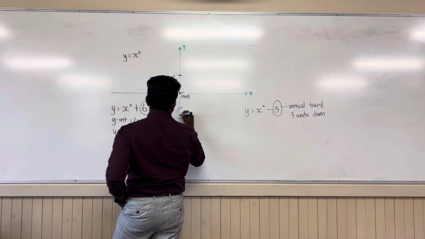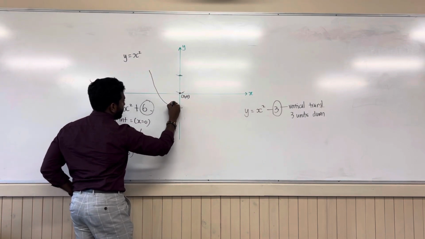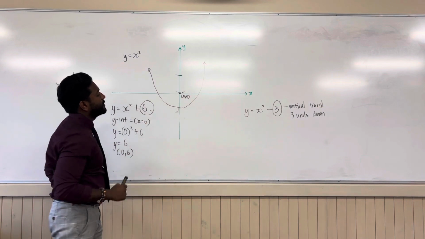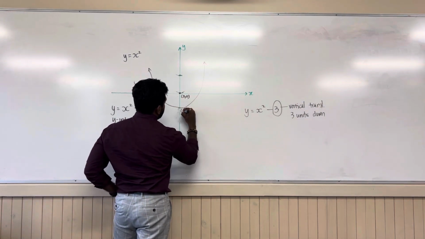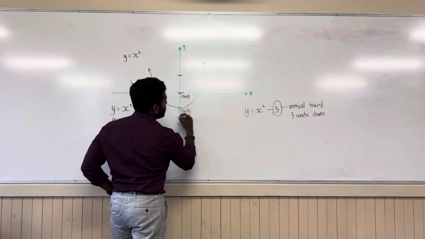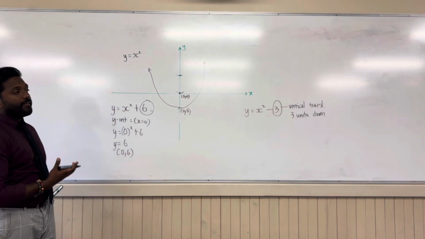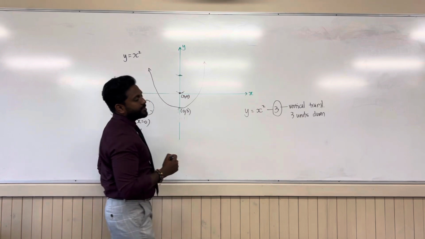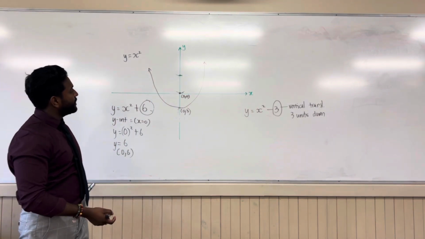So here, 3 units. The graph is still the same, but it's just moving 3 units downwards. Okay? Then that particular y-intercept is going to be 0, negative 3. You can find the y-intercept by making x is equal to 0. That would be 0 squared, which is 0 minus 3, and left with that.